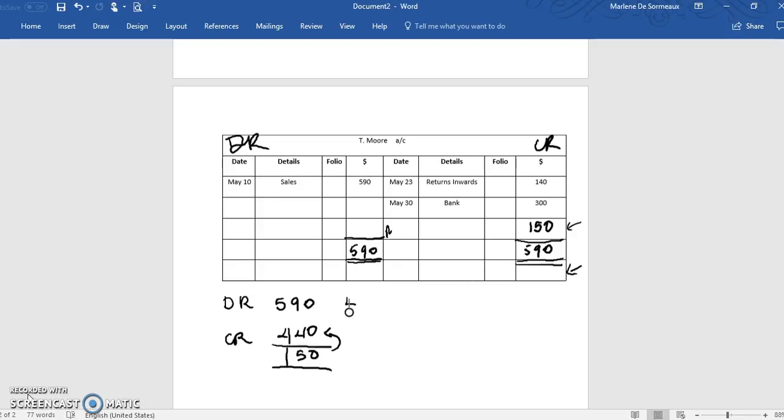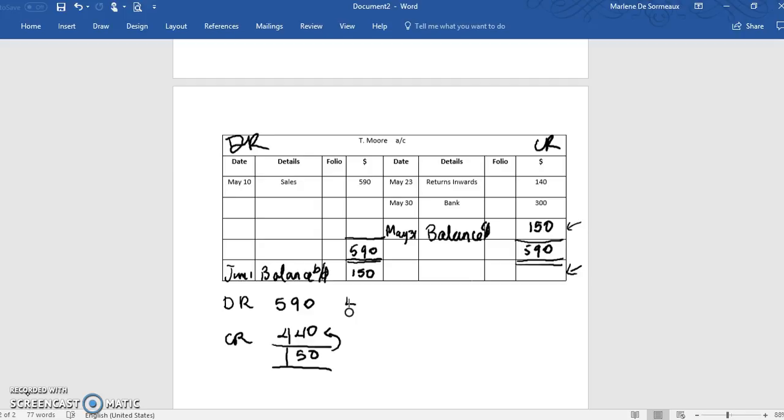So at the end of the month, May the 31st, you will call this 150 balance carried down, and then on June the 1st, you're going to bring down the balance. Balance on the debit side brought down, 150. So we have balanced this account.